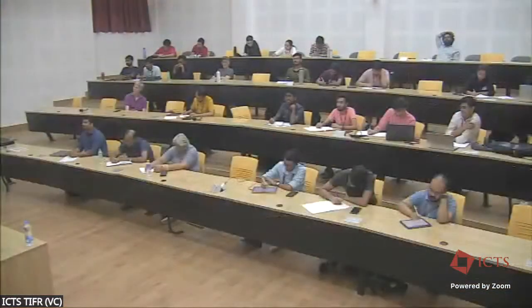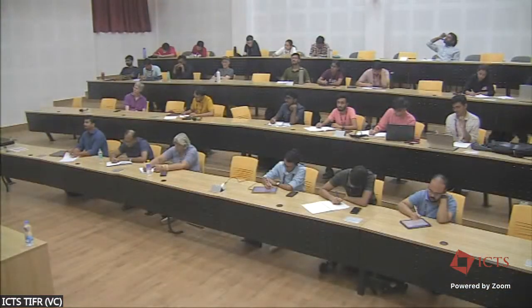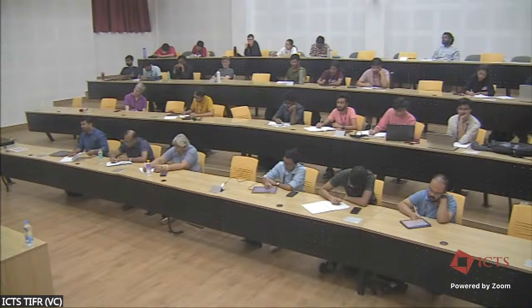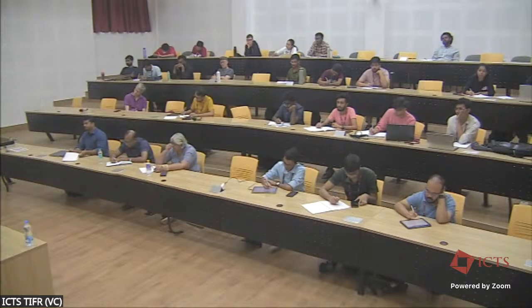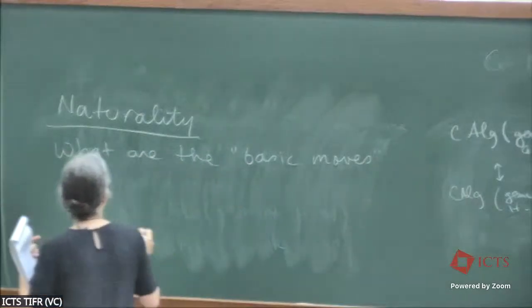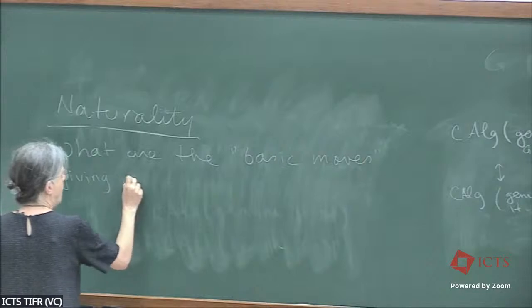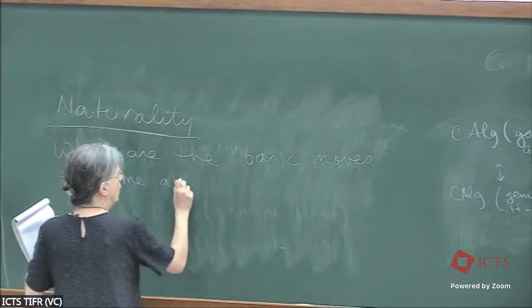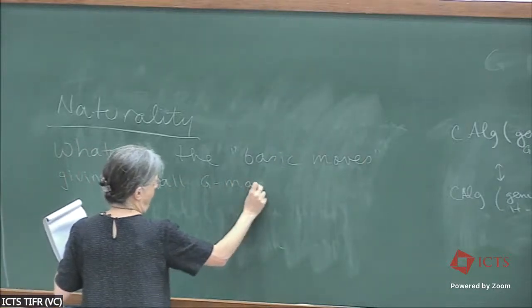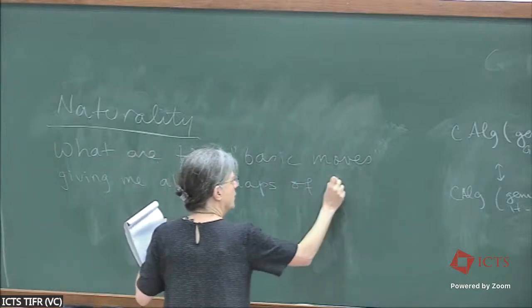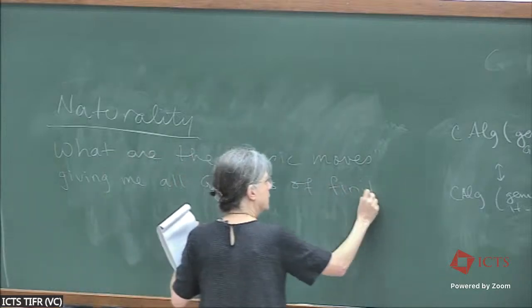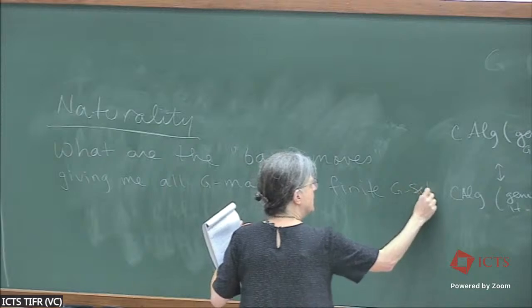Okay, so what are the basic moves giving me all G maps of finite G sets?